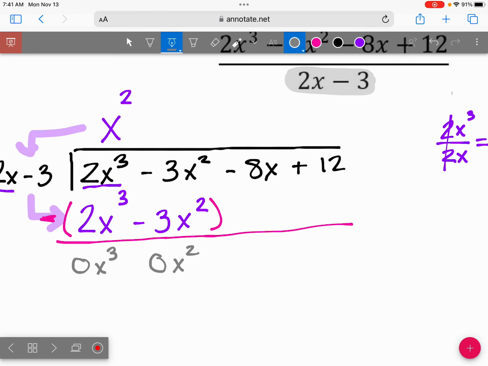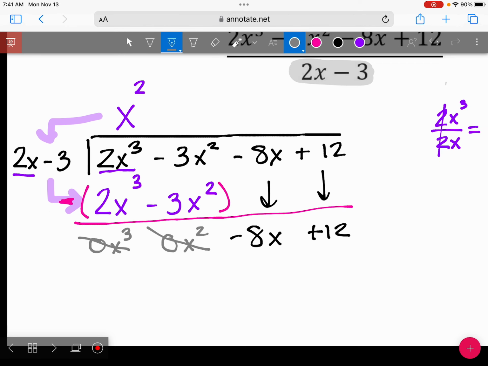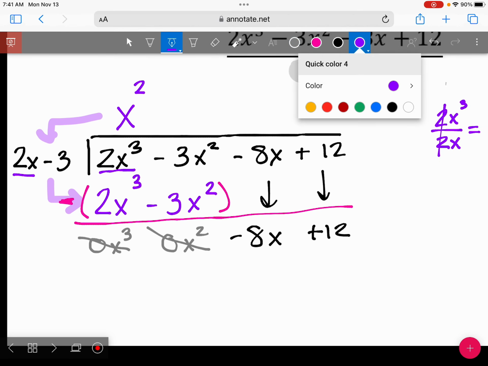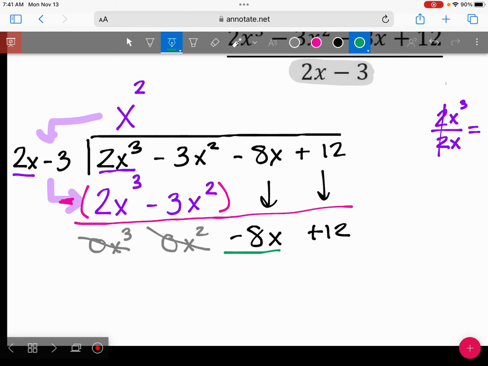So then we're just going to drop my next two pieces. Minus 8x plus 12. These guys are just going to fall. These ones canceled out, and that's okay, because then we get to do this cycle again with my minus 8x and my 2x.